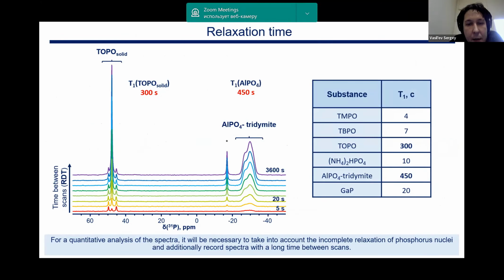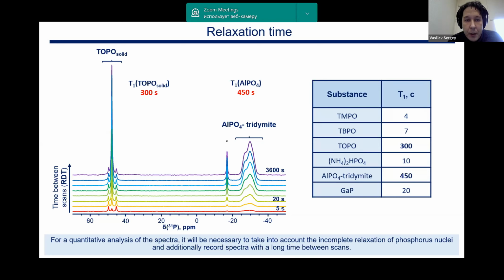You can decrease the length of the pulse, so the relaxation is exponential, and you can gain much more signal to noise ratio in shorter times, and also you will obtain quantitative spectra because your signal to noise ratio in the spectra is very good.